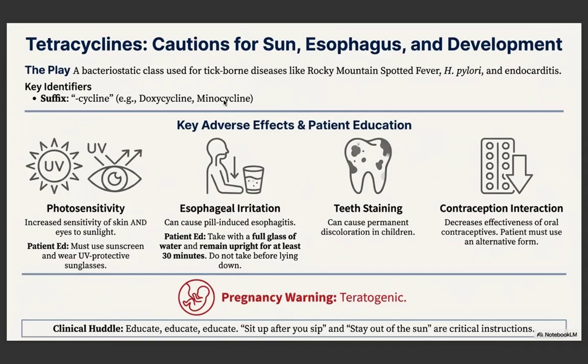But this can actually also be used to treat the infection of endocarditis itself. Also, Rocky Mountain spotted fever can be treated with this. That's when you get bit by a specific type of tick. And then H. pylori, one of the leading causes of peptic ulcer disease, we can also use tetracyclines to treat that.